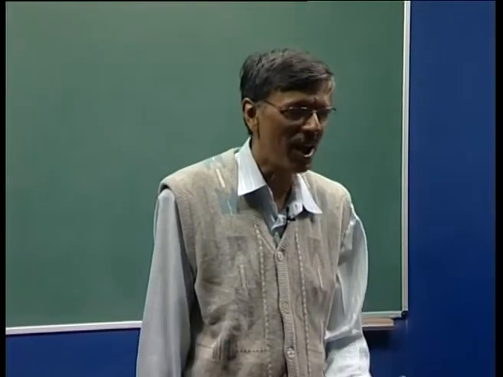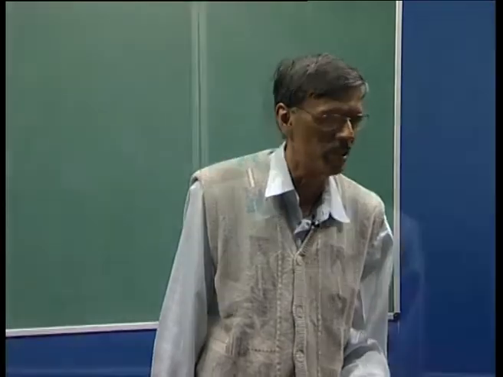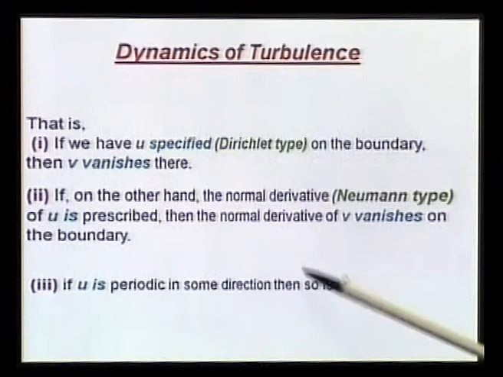Then if V is not periodic, of course, then on the total field you cannot have periodicity. So, V also has to be periodic. So, please do remember that these are the three possibilities for the fluctuations.